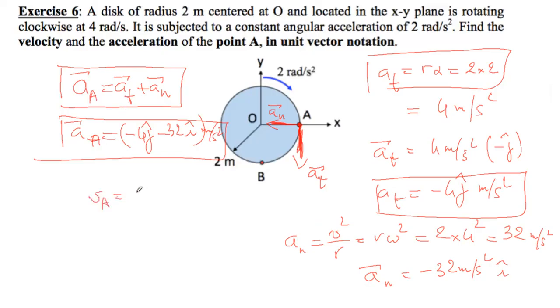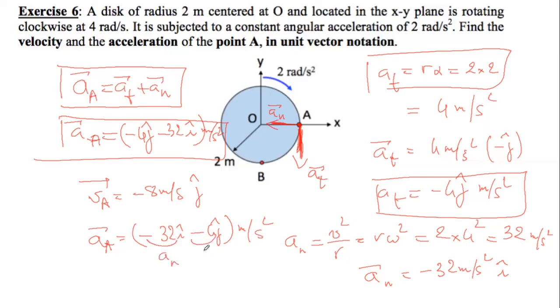So VA is minus 8 meters per second j hat, and AA is minus 32 i hat minus 4 j hat meters per second squared. This is AN, and this is AT.